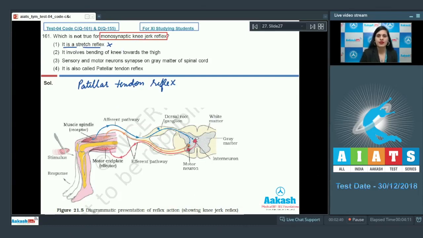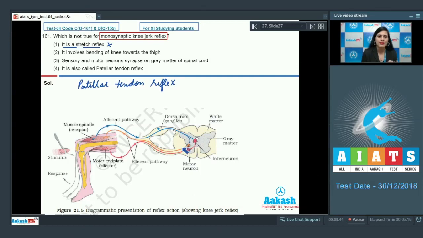This stretch reflex involves the movement of lower leg which moves outwards and upwards away from the thigh. As you can see here, this knee-jerk reflex involves stimulus which is received by the receptor, and through the afferent pathway, the nerve impulse reaches the dorsal root ganglia and then into the spinal cord, where it forms synapse with a motor neuron.